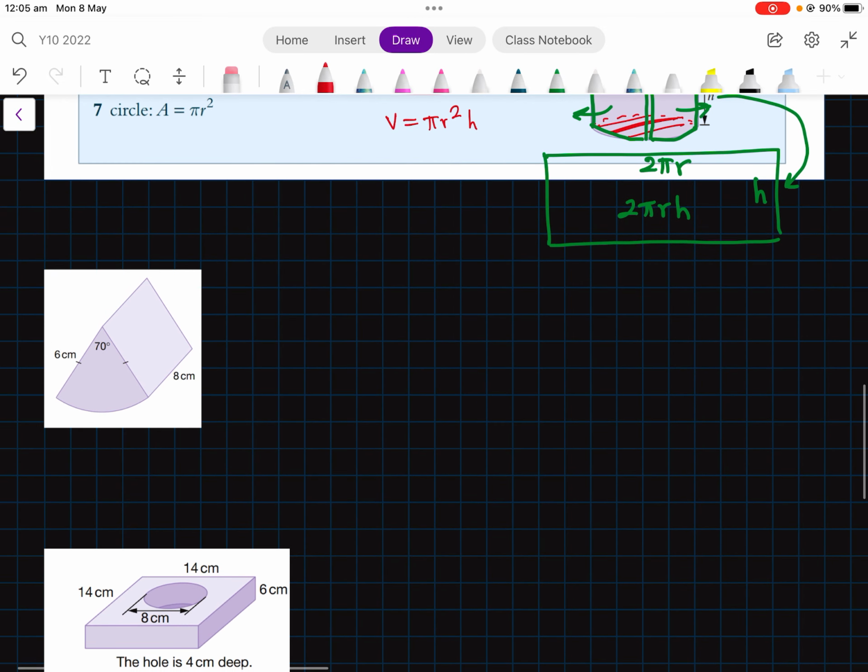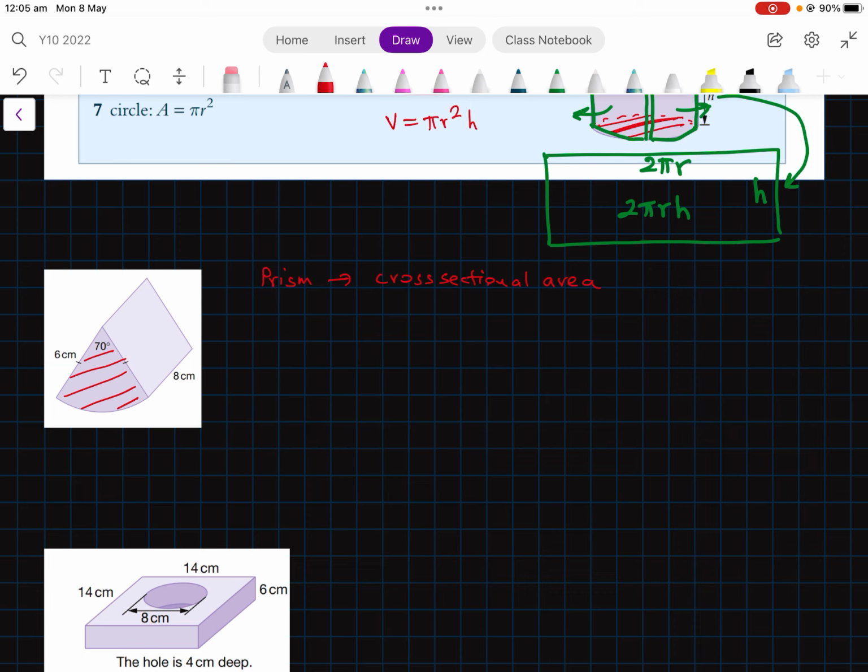Okay, so let's take two examples I've got here. The first one being a solid which has a cross-sectional area of a sector. So this section is the sector that I'm referring to, correct? Now, let's talk about the prism, and we're talking about the cross-sectional area.